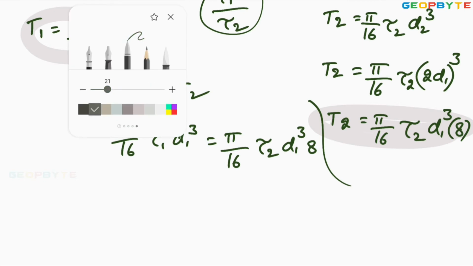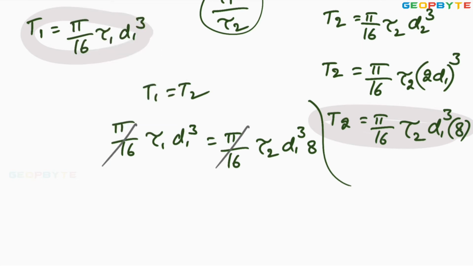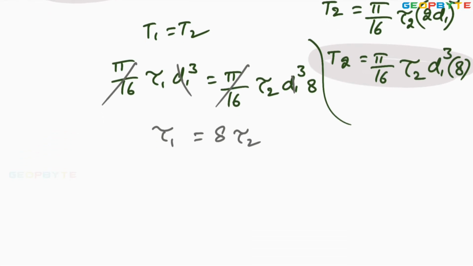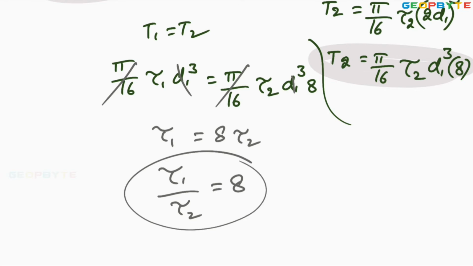Now pi by 16 cancelled, d1 cube also cancelled, tau 1 equal to 8 into tau 2. Therefore, the tau 1 by tau 2, shear stress in the first shaft by shear stress in the second shaft, is equal to 8. So that is the answer. Tau 1 by tau 2 is equal to 8.